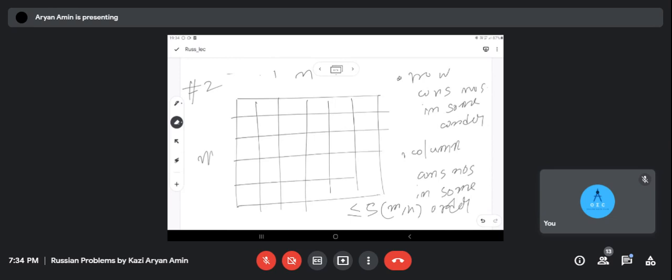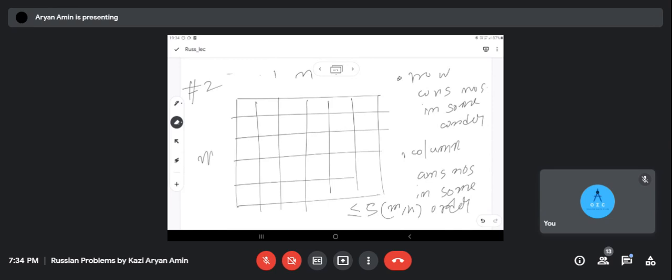Is there a condition that all the numbers should be distinct, or can they be the same also in two different cells? Not in one row, but like suppose in one row there is a two, and then in another row there is also a two. Yeah, that's allowed.